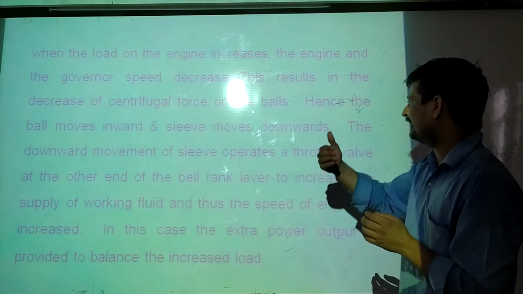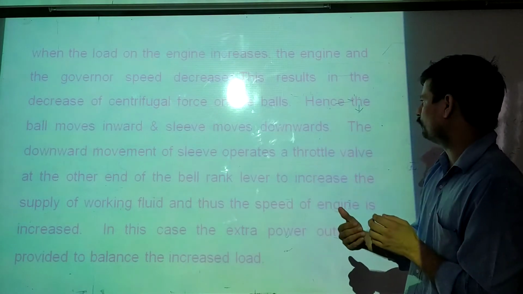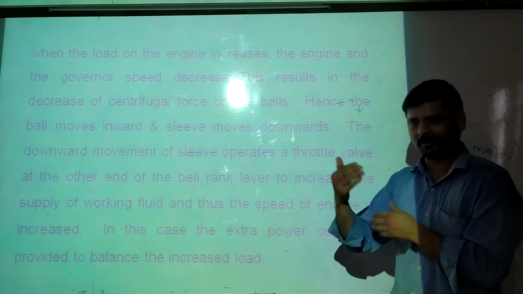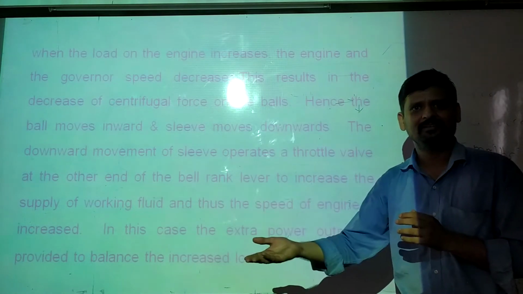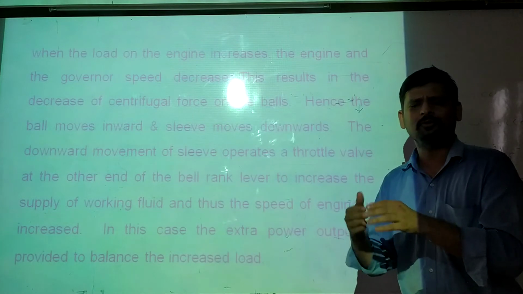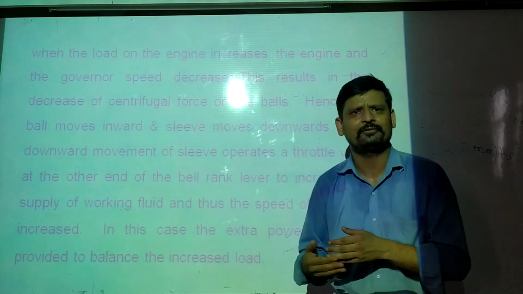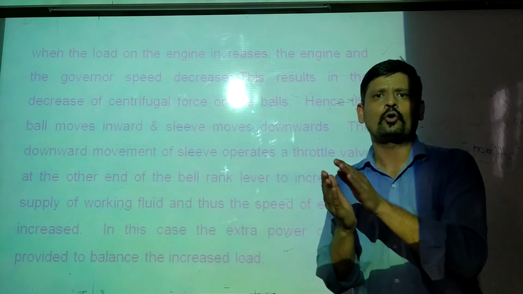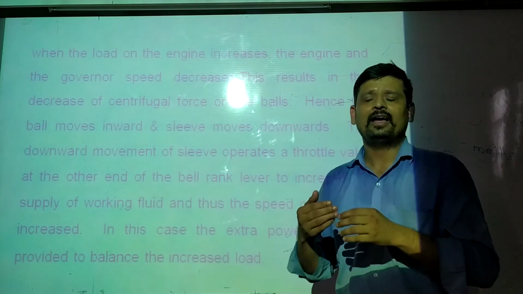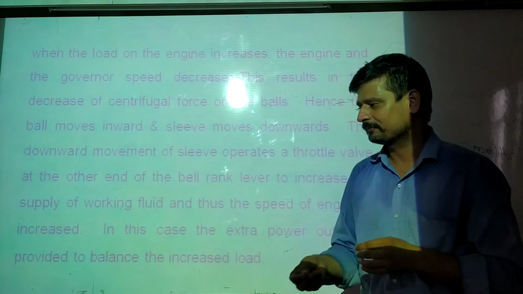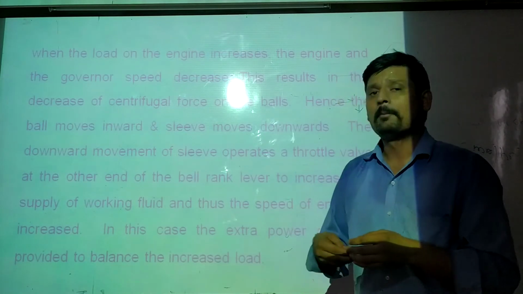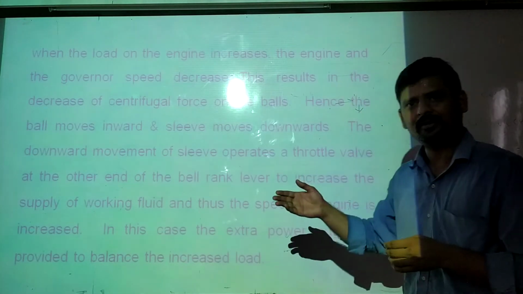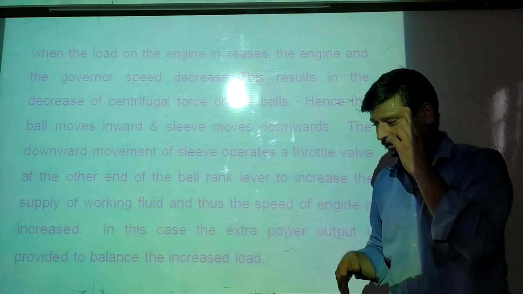So now when the sleeve moves in a downward direction, the downward movement of the sleeve operates a throttle valve at the other end, that automatically, through a bell crank lever mechanism, makes the throttle valve open to allow more fuel to the engine. Okay, so this is how a governor works.